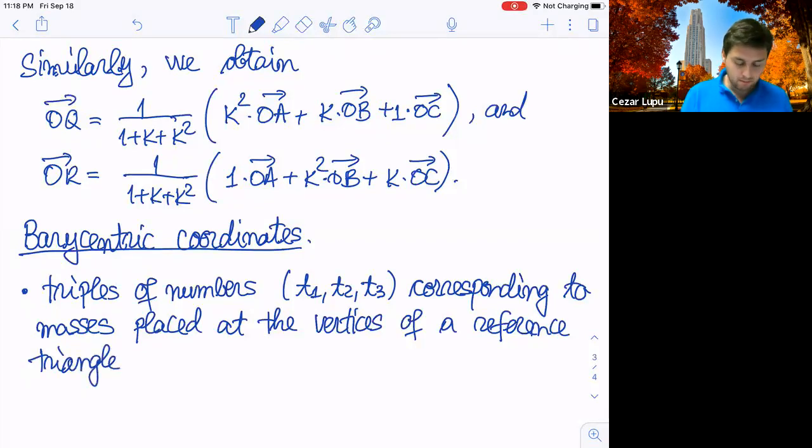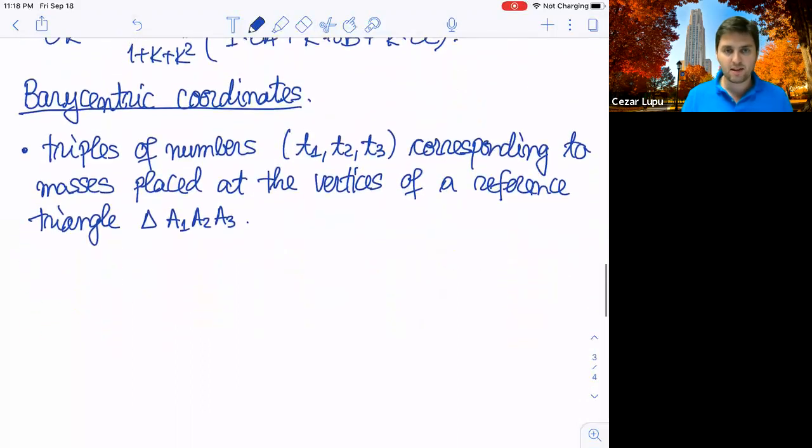Let me call generically this triangle A1, A2, and A3. All right. And let me explain what these masses mean. And you'll see that we can identify, for certain special points in the triangle, their barycentric coordinates.